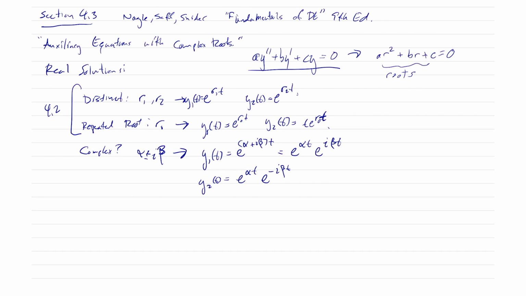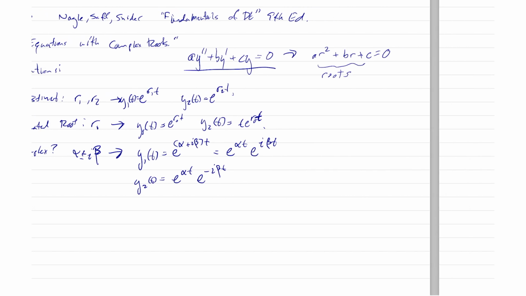However, it's going to turn out that we don't actually have to appeal to these complex numbers, but let's take a few steps and see why that's true. Okay, so if we have alpha plus i beta, alpha and beta are both real numbers, and we're looking at e to the alpha plus i beta t.